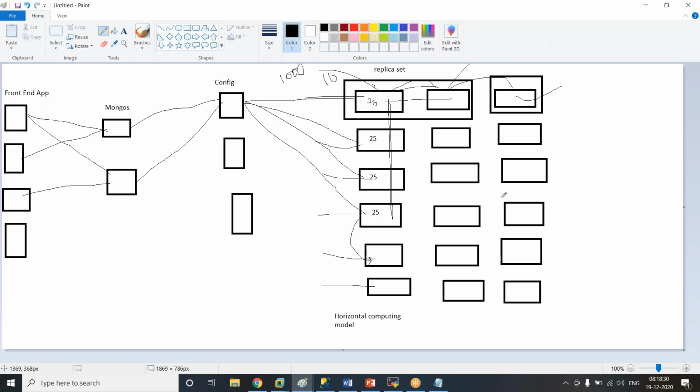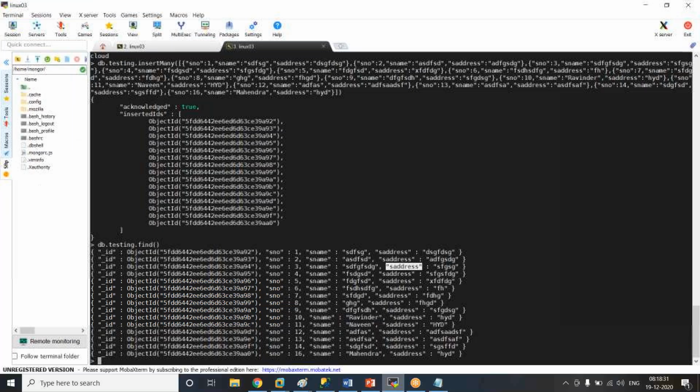Sorry, you used two words, collection and document. Collection means table. Document means row. A row is called a document, and a row can grow up to 16 MB maximum. If it is not able to load, you can go with the Mongo file.